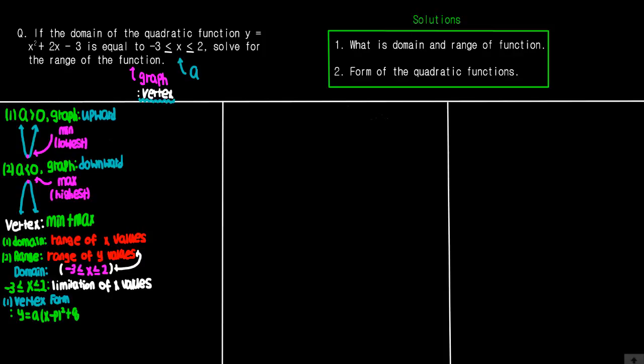From here we can see that y should always be the output of our quadratic function. The q value is the y coordinate of our vertex, and the p value, not negative p, is the x coordinate of our quadratic function's vertex.